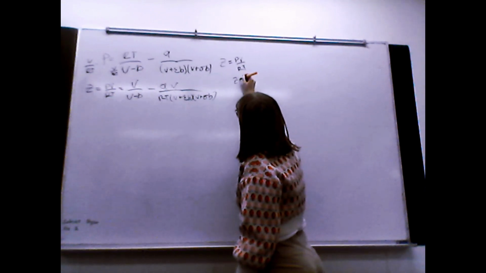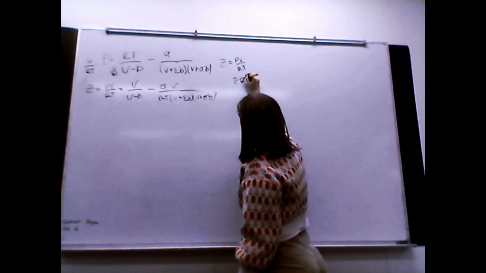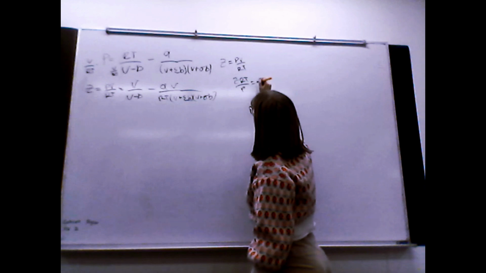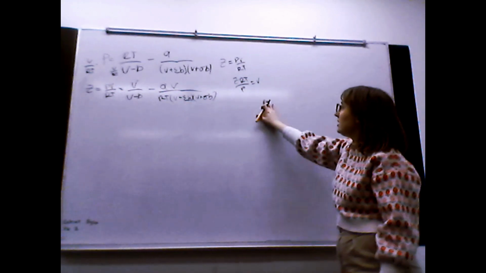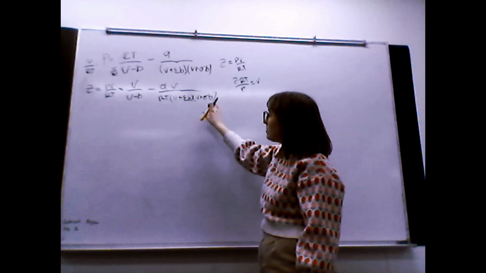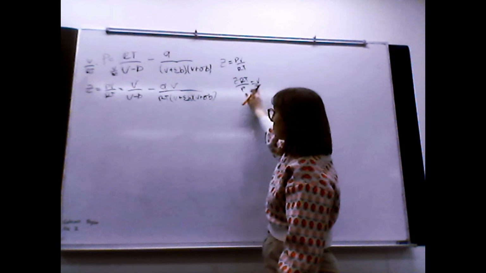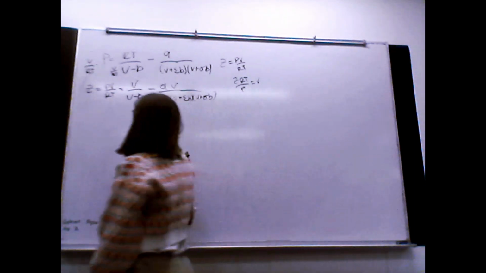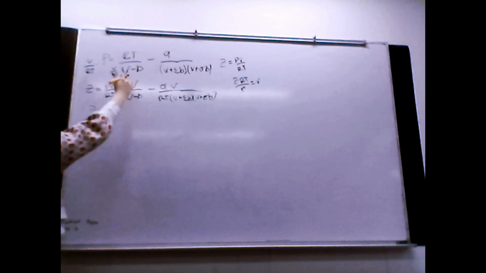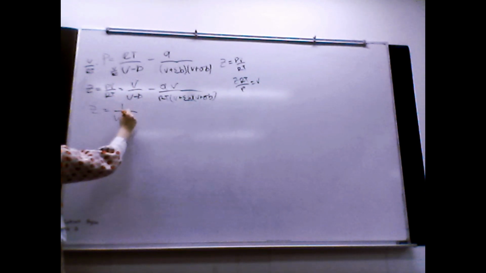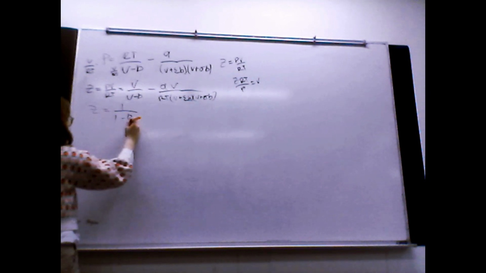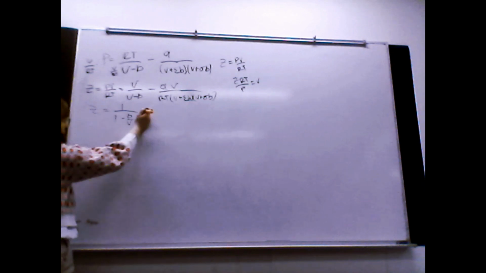So Z RT over P is equal to our V. Okay, so we are going to simplify this, and when we simplify this, then we're going to substitute our V into this. So to simplify it, let's do Z equals V over V minus B. Let's cancel that out. Oh, it's 1 minus B over V.